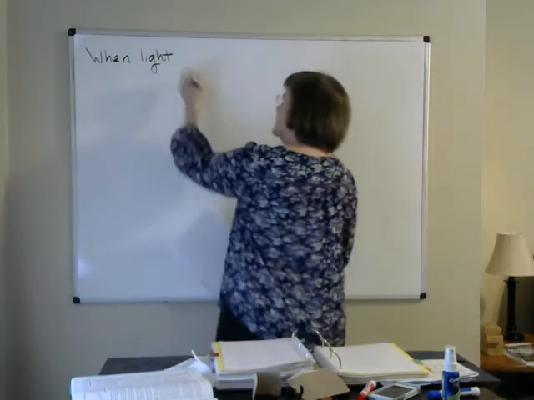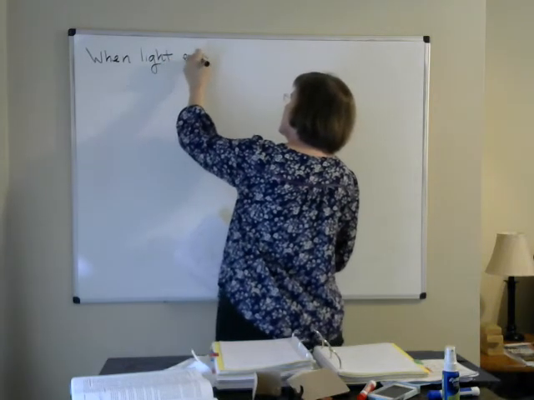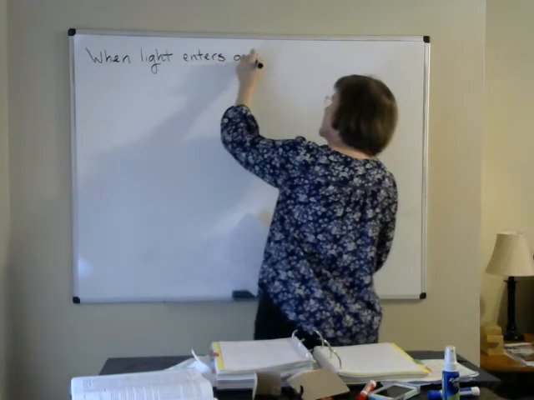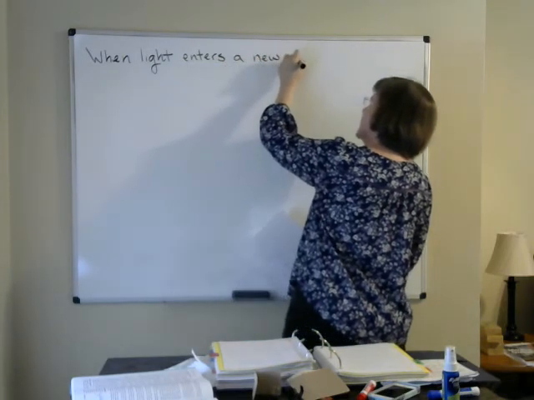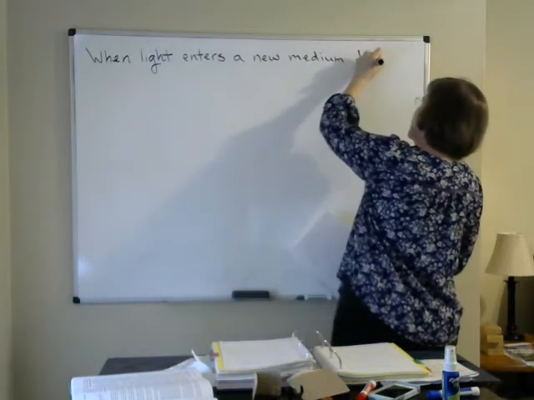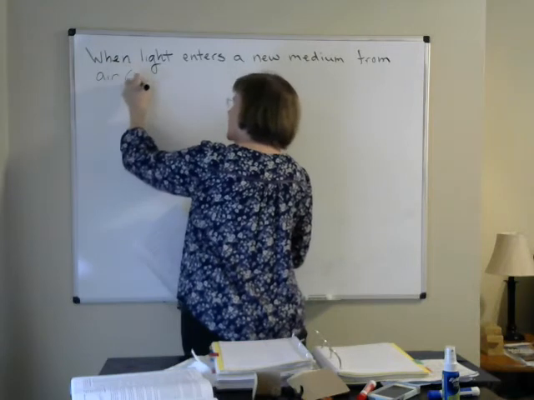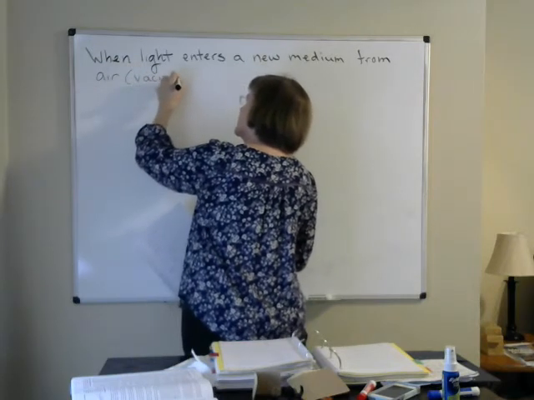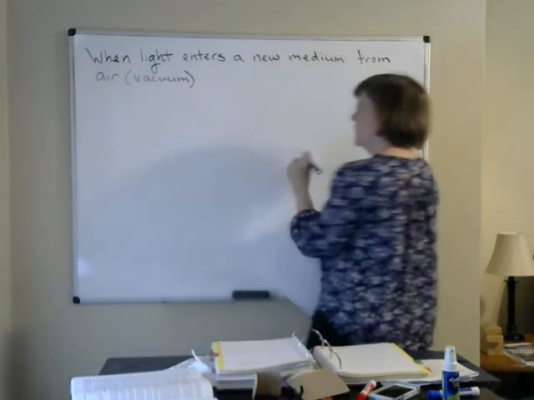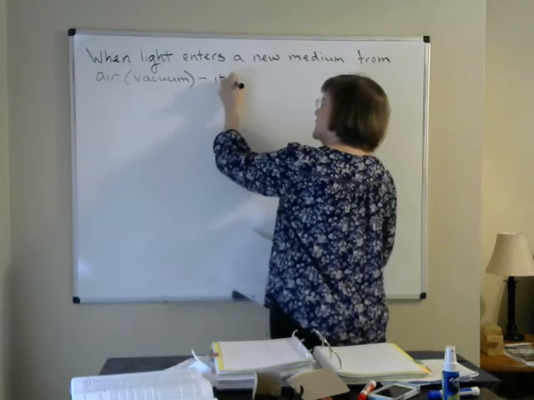When light enters a new medium, and we're going to let it start in air or vacuum, two things happen. One, it slows down.